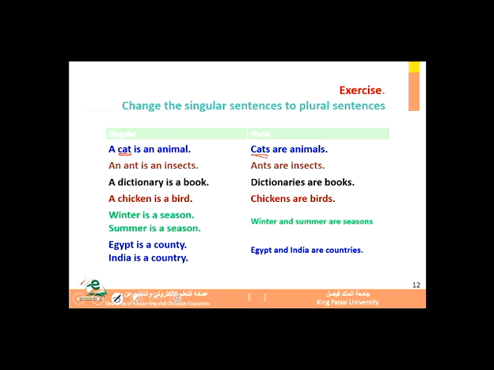Now, what about this an? Why is it used here, and there is nothing there? There is no an at all. What happened to this an? We said that we use this an only when the noun is in the singular and starts with a vowel. Now, if you look at this word, cats are animals.